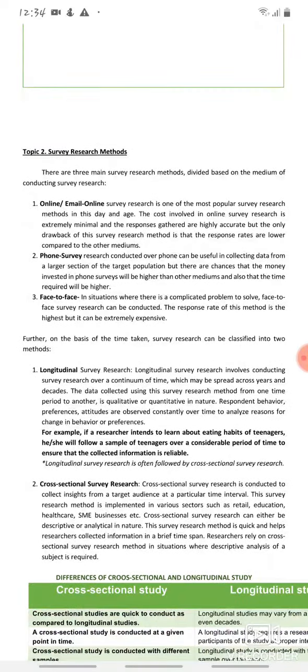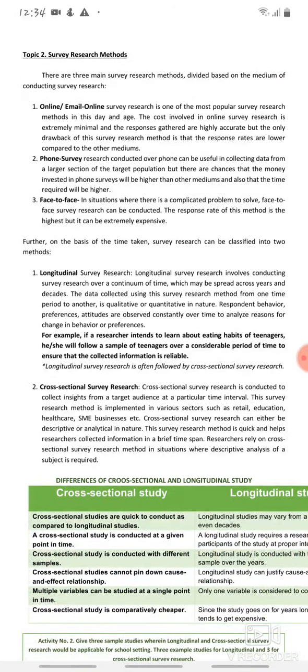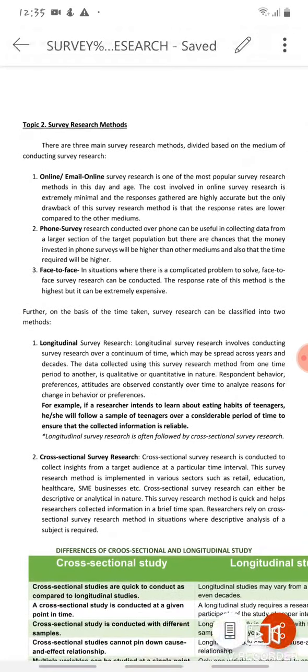Our topic 2 is survey research methods. Number 1, we have the online and email survey. Definitely you're just going to make a Google Doc or document and then post it on your social media accounts or email the person, but this is not really encouraged because of anonymity and confidentiality.